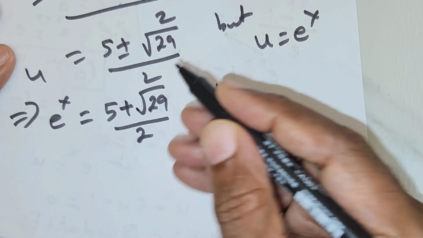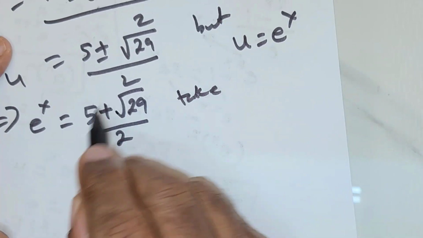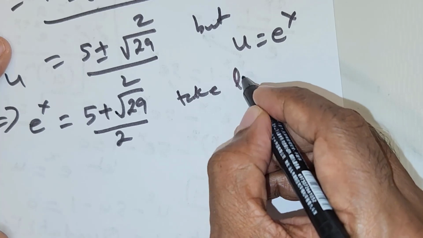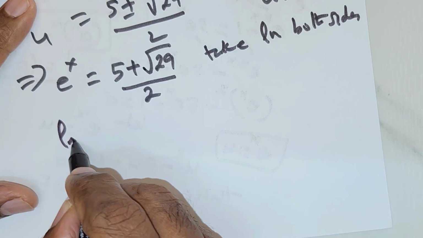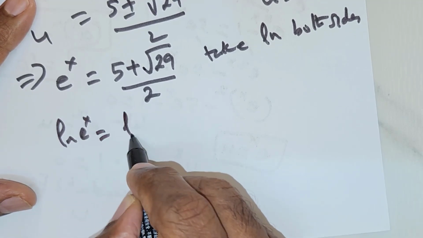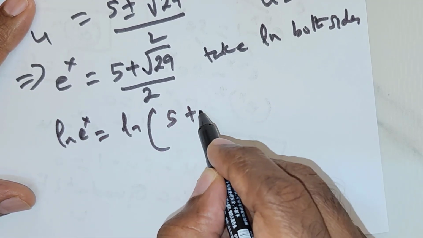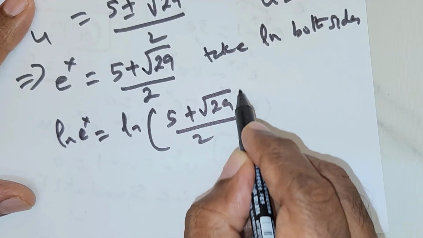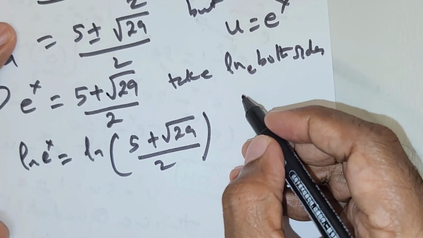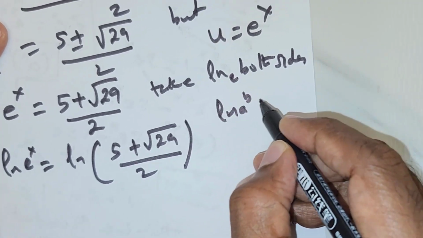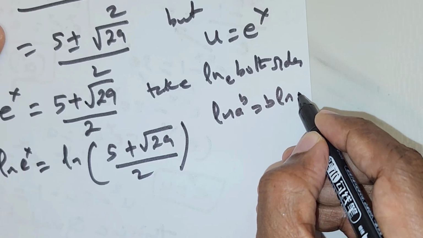Now we need to get the value of x, right? So we don't have the value of x here. So what I'm going to do is take ln both sides. This gives me ln e^x = ln((5 + √29)/2). Whenever I use ln, this is to the base e. Now there is a formula, ln a^b = b ln a.